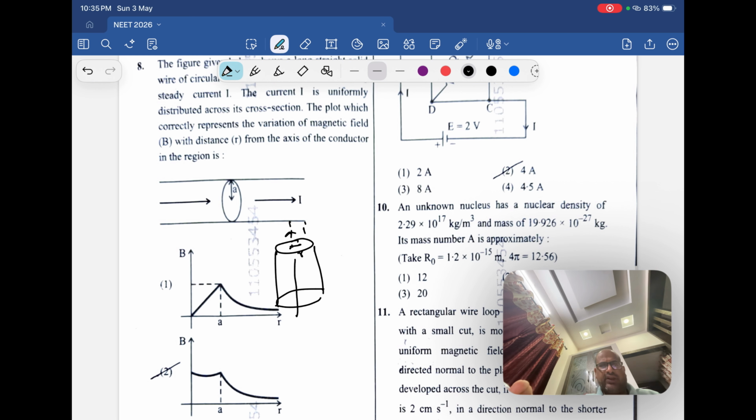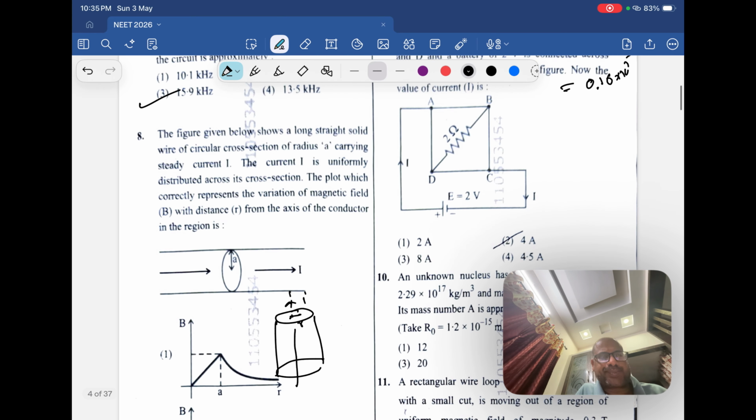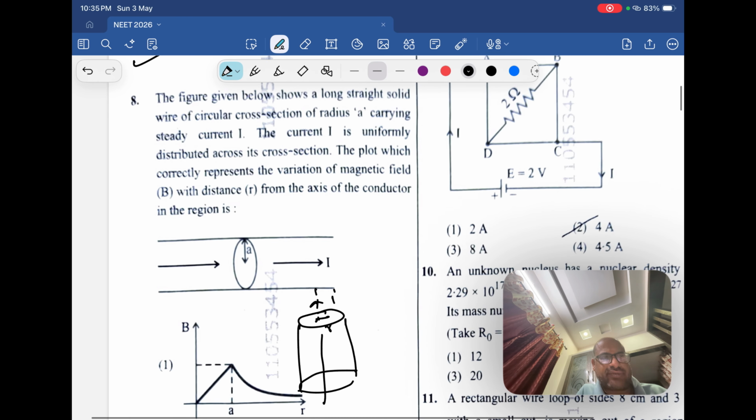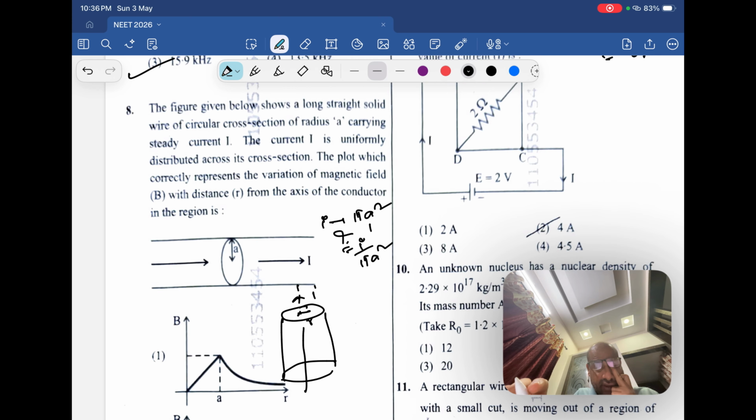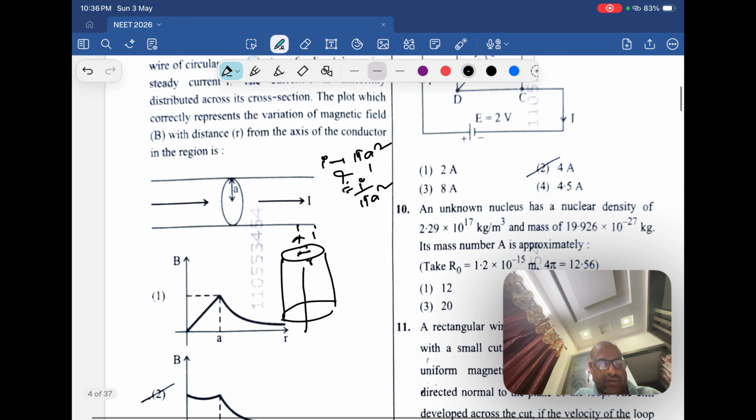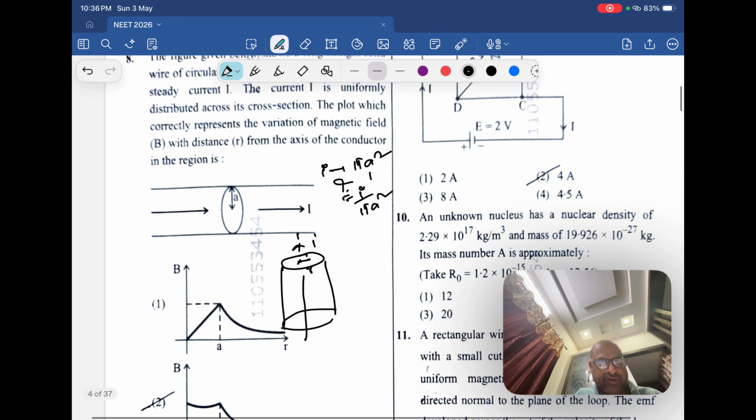So you can find here the current is uniform. The graph profile we know, but I am just deriving it for your sake. The current is uniformly distributed, so I is the current distributed across the area, how much, beta? Pi a square. So the current in unit area is I by pi a square, okay. So we have to find out the current at a distance r, with radius a, how it is varying, okay.